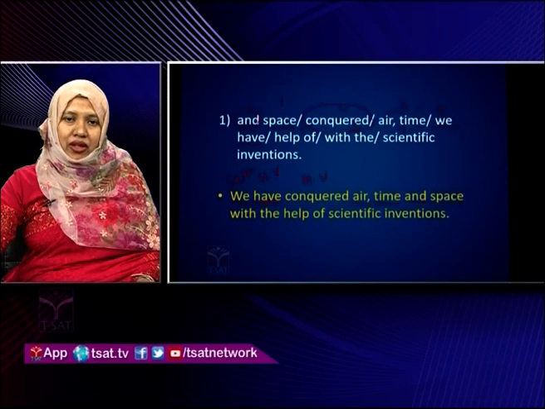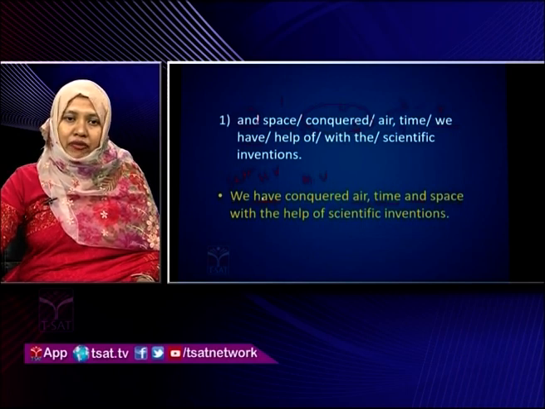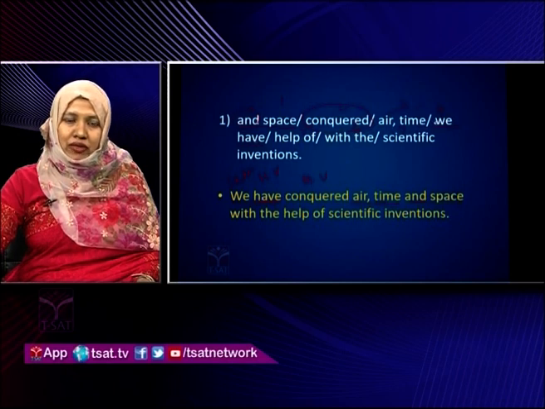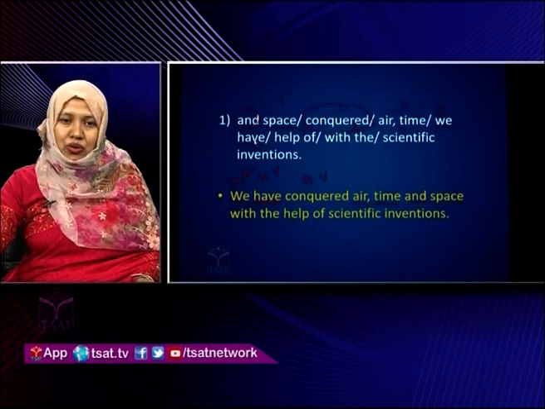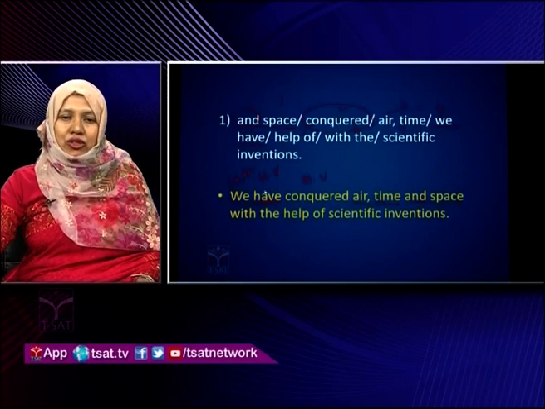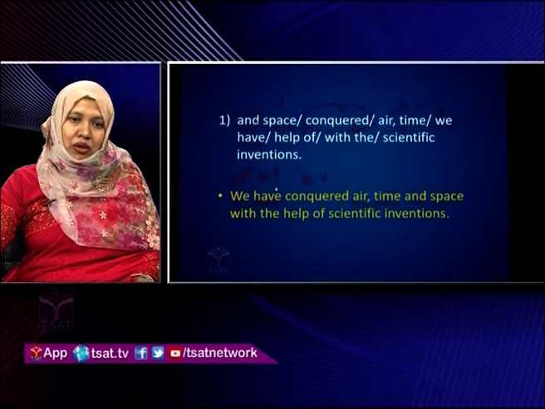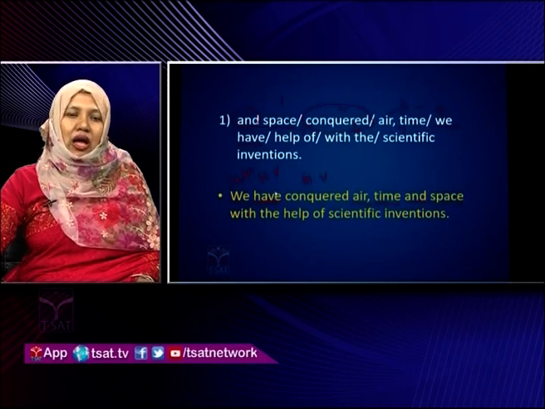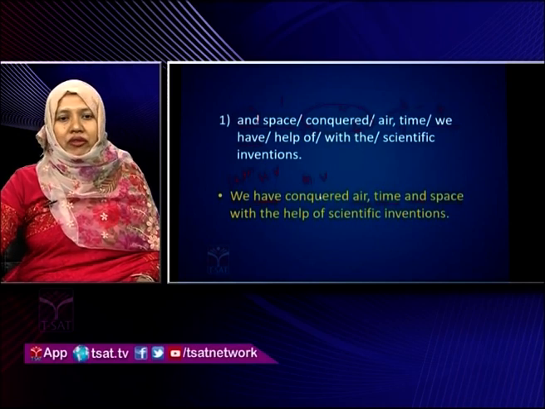If we take we, always the subject should be followed by a helping verb. Here the helping verb is given already. We have, both the words are together. So it is an easy indicator for us that we should start the sentence with we have. Because have is a helping verb, after have there should be a main verb.